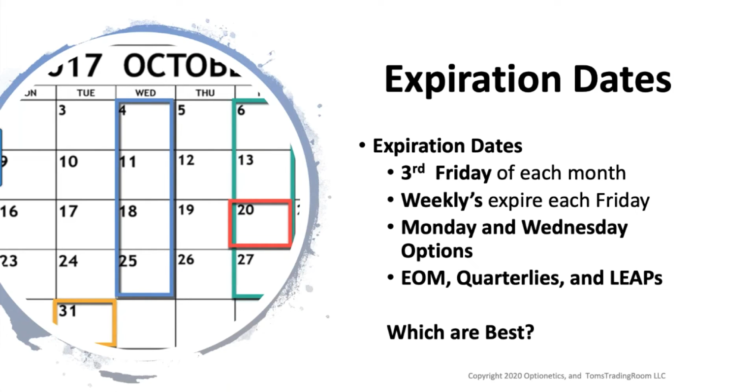We are in a third Friday, most liquid. The next most liquid would be the weekly options. The options expire every Friday. Then the volatility and volume drop off. Monday and Wednesday options, there are EOMs, those are called end of month options. There are quarterly options, which happen at the end of every quarter. And then there are leap options, which is basically an option that has 9 months or more to expiration.